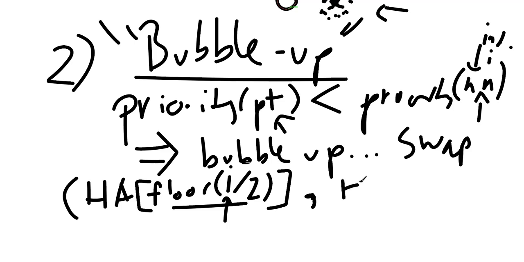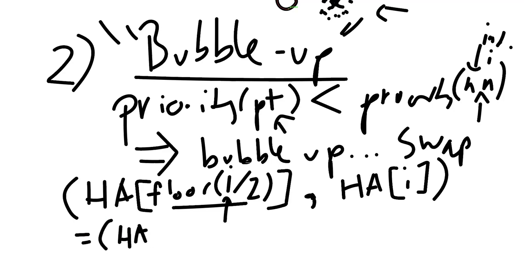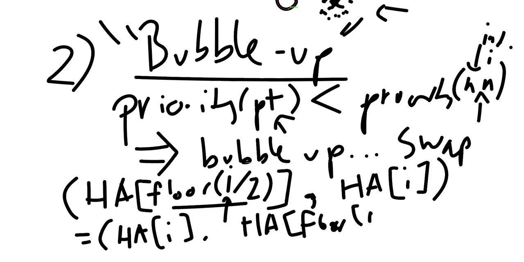So HA at floor I over 2, comma HA at I, is going to become the heap array at I, comma heap array at floor I over 2. This is going to swap the position of the parent and the new element if the parent is of a lower priority than the new element.